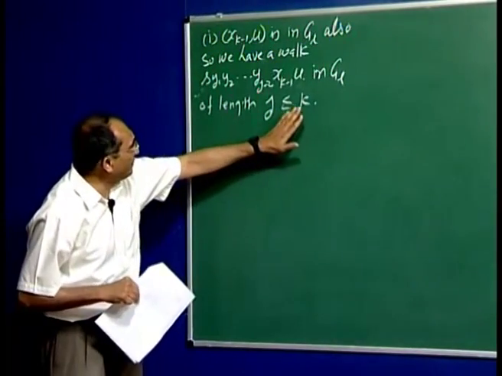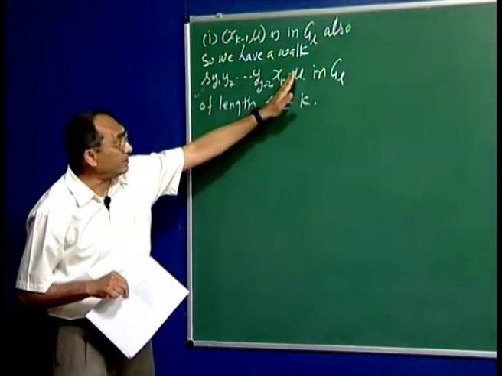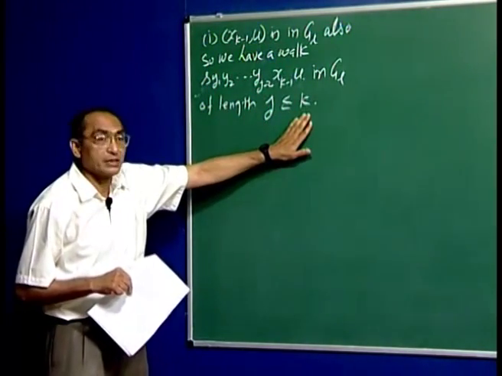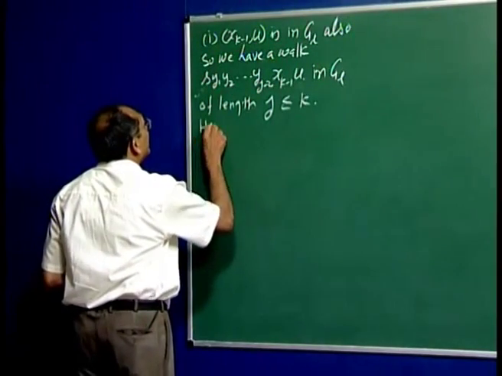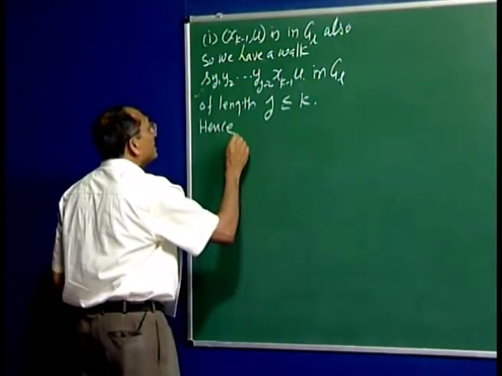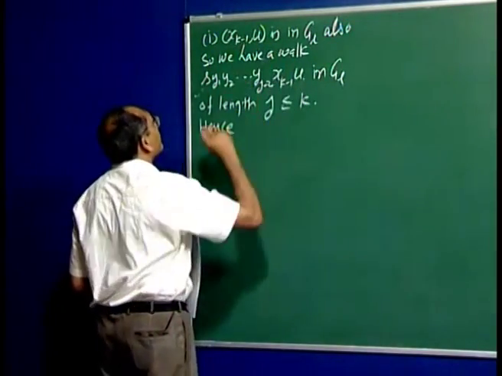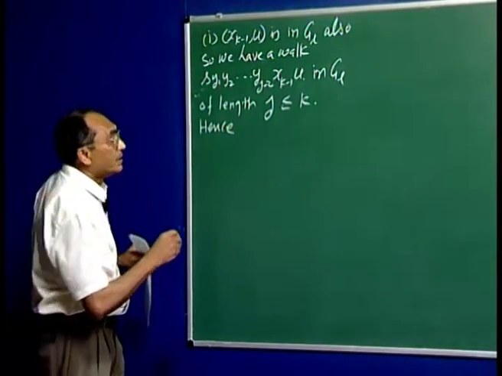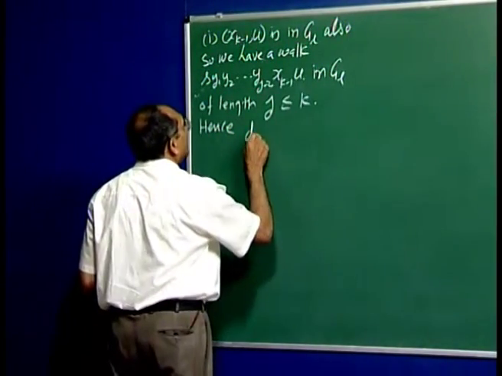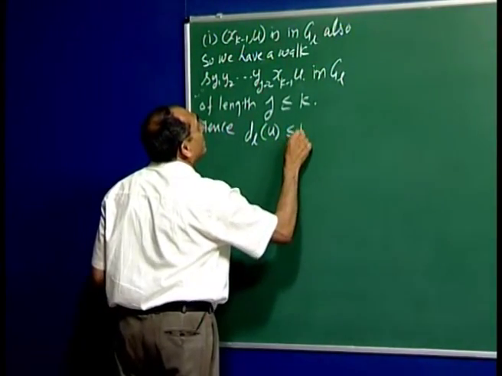Now if the walk is of length limited by k, then there has to be a path inside this which also is not greater than k. Hence the shortest path length from S to U in GL, dL u, has to be less than equal to k.